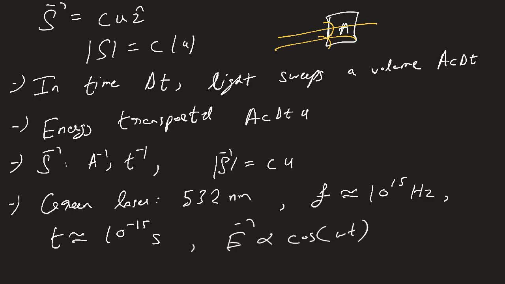So this is a very, very quick change. And we saw that U is proportional to cosine squared, and S is proportional to cosine squared. So if you go about measuring the energy density of the light falling on, let's say, a photodetector or a wall, what you will measure is almost certainly an average measurement over many cycles of that electromagnetic wave, right?